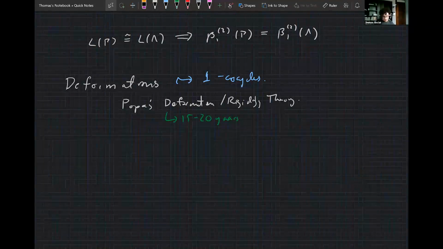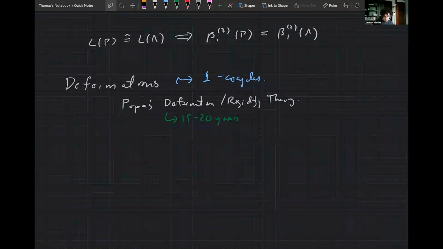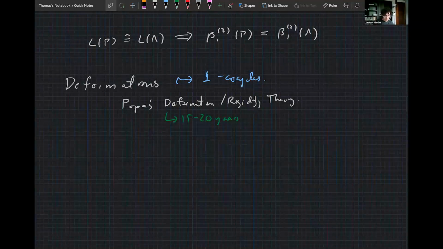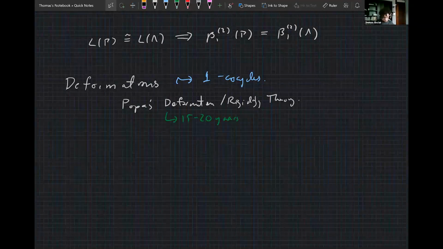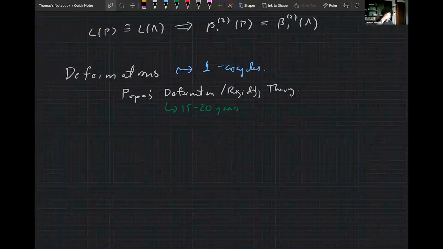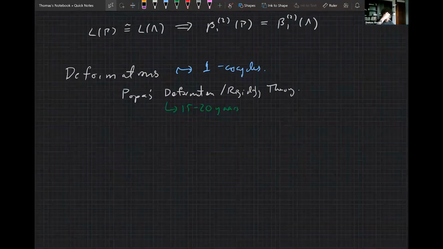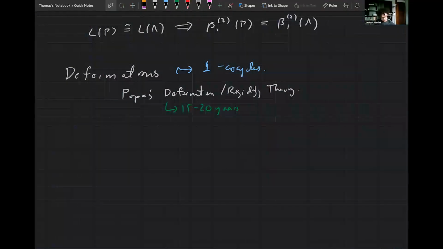It's so far the only tractable method for classifying large families of factors. I should say probably non-gamma ones, to be honest about that. But it's really the way that we understand the classification of factors. So what is a deformation?